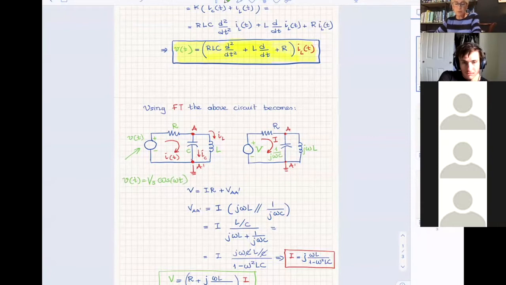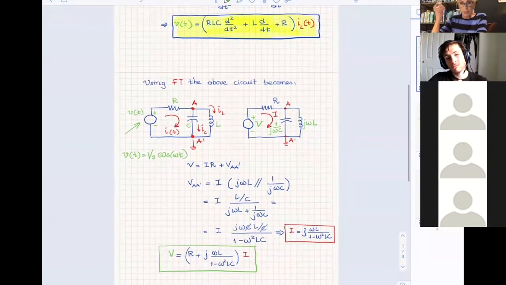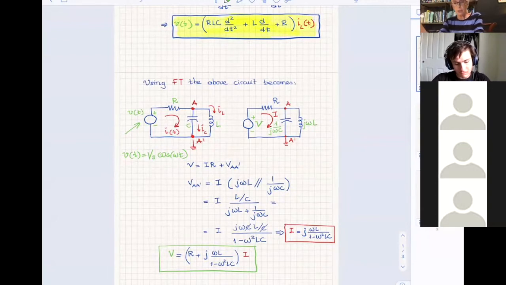Okay, one single frequency. Then we said that by using Fourier transforms, and we did not necessarily do much with that concept of the Fourier transform, but by using a Fourier transform, we can change this time domain circuit to a circuit that deals with phasors.